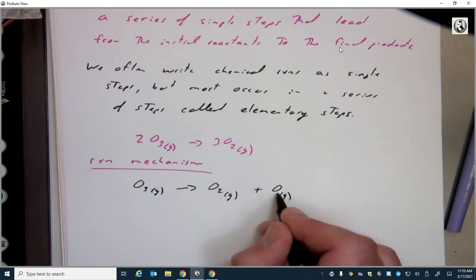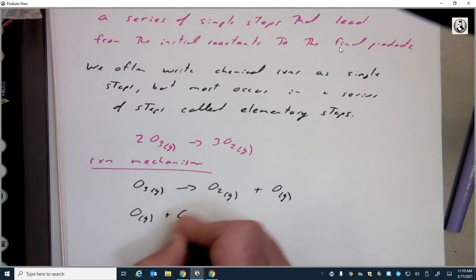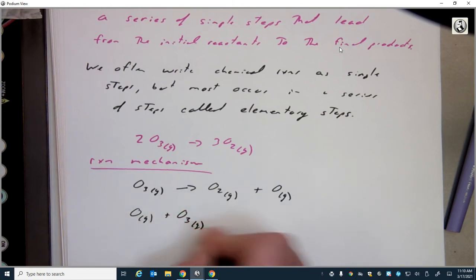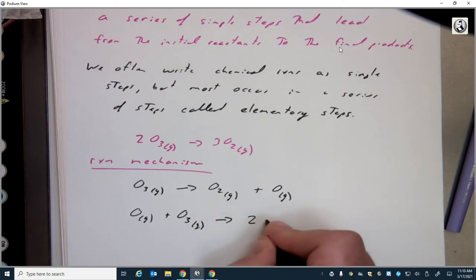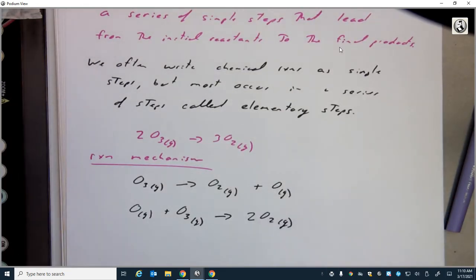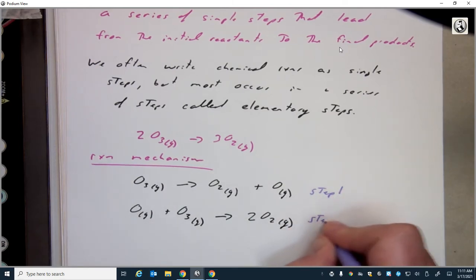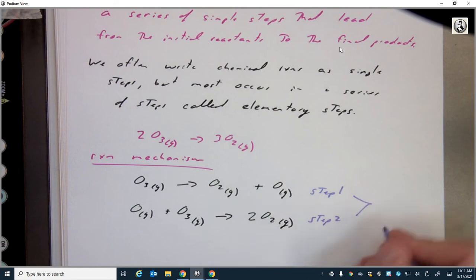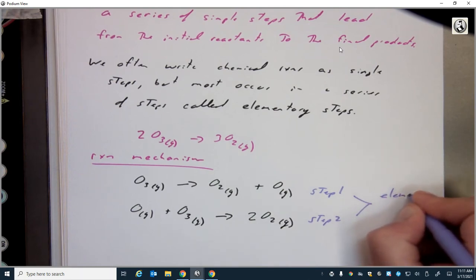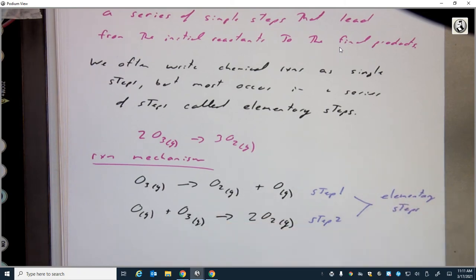And then this O gas will react with another O3 gas, and it produces 2 O2 gas. So it's actually two steps. So this would be step one, the first thing that happens, and then this is step two. These would be the elementary steps. Sometimes they're called elementary reactions.